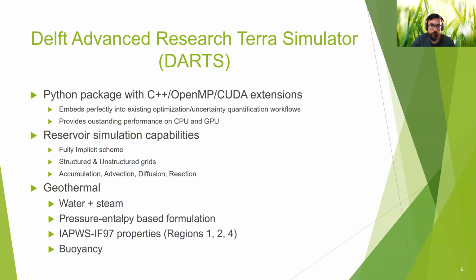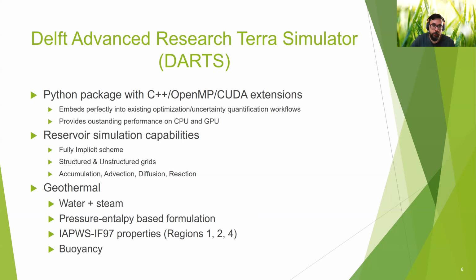Discrete fracture models can be run using DARTS. And we employ accumulation, advection, diffusion, and reaction effects in various combinations for different kinds of applications, such as geothermal, hydrocarbon production, or CO2 sequestration, and many more.